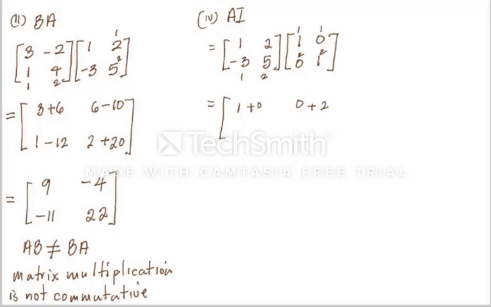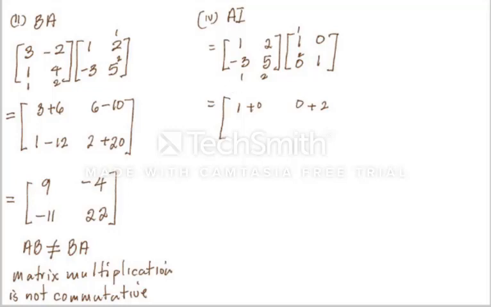How do we multiply a row by a column? First of all, how do we multiply two matrices? We multiply two matrices by multiplying the rows of the first matrix by the columns in the second matrix. How do we multiply a row by a column? First element in the row by the first element in the column, and the second element in the row by the second element in the column.